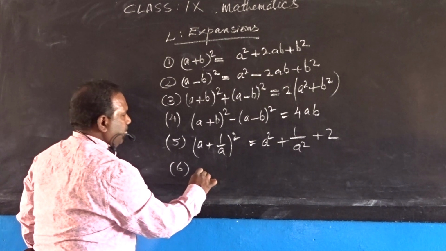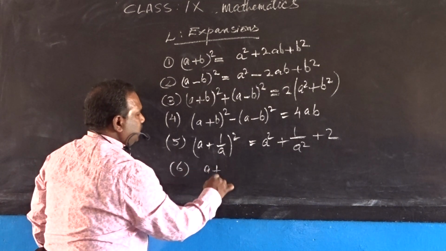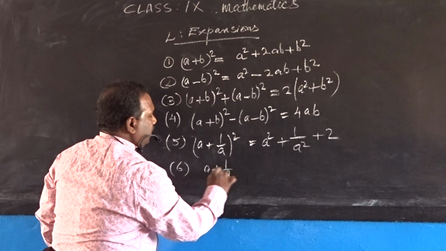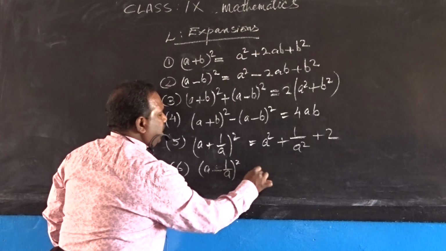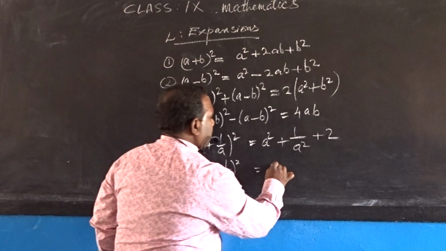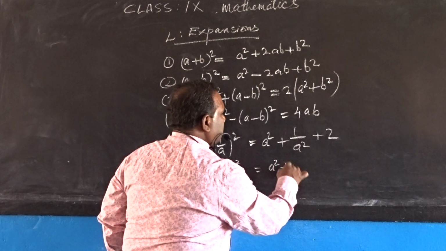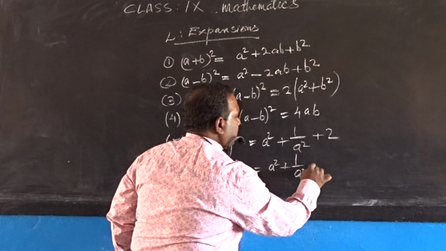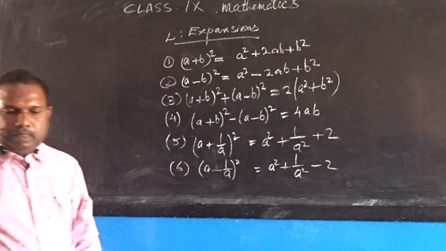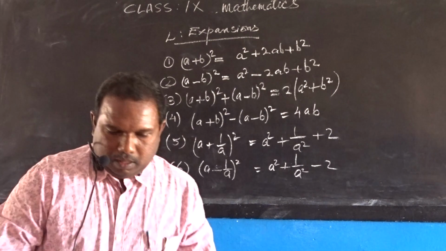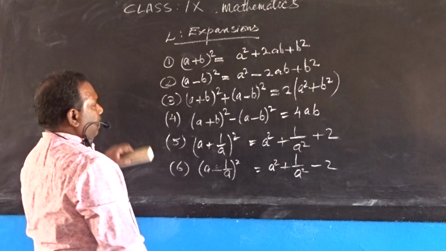Sixth formula, (a minus 1 by a) all square is equal to a square plus 1 by a square minus 2. Again, let us continue.